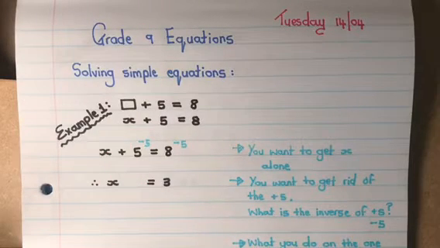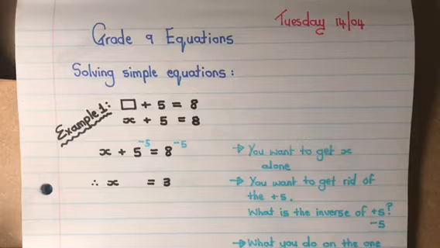All right. Now in grade 8 and grade 9, we are working with a little bit more complex equations, and we find x by means of doing the inverse operation. Your main aim is you want to get x alone, so that at the end you can have x is equal to your answer.